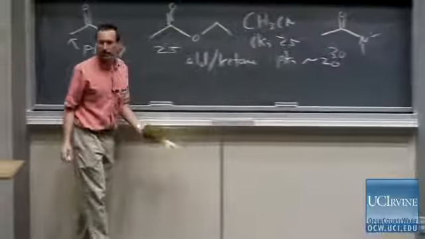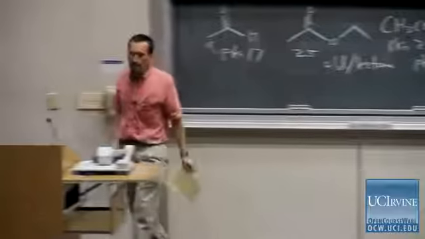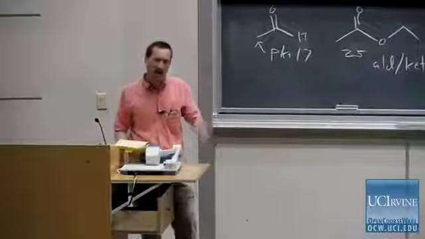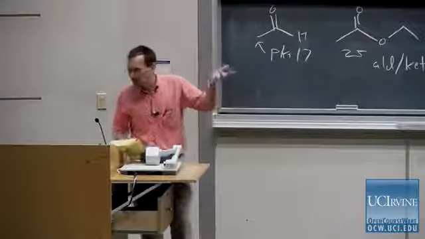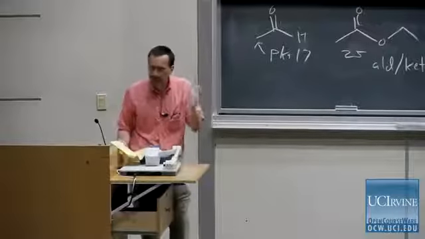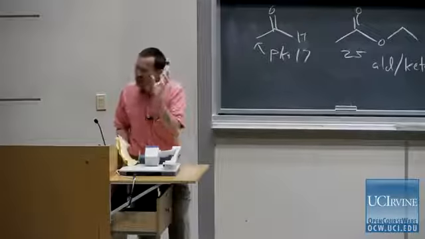Twenty's good enough. I'll keep in the back of my head that aldehydes are a little bit more acidic. I'll keep in my mind that 20 is typical for, say, cyclohexanone, that acetone is 19. But those details are small.